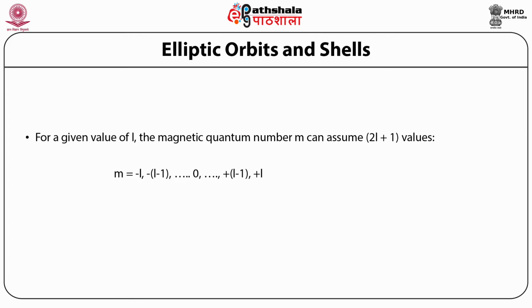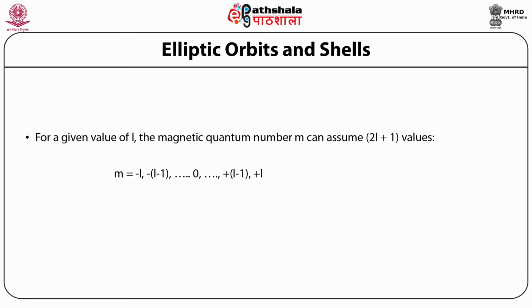For example, if you have a p orbit, which means l equal to 1, then m can have 3 values: minus 1, 0, and plus 1. And if you have a d orbit for which l is equal to 2, then you can have m equal to minus 2, minus 1, 0, plus 1, and plus 2.